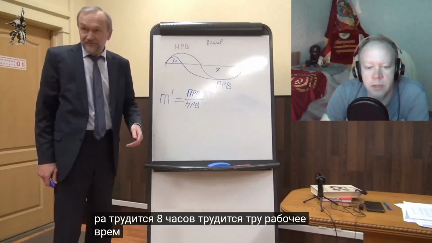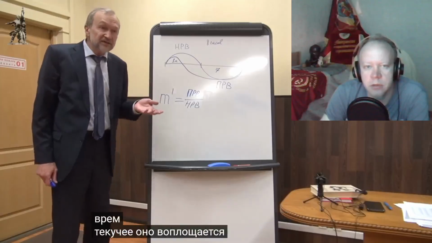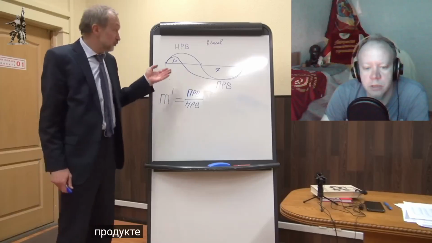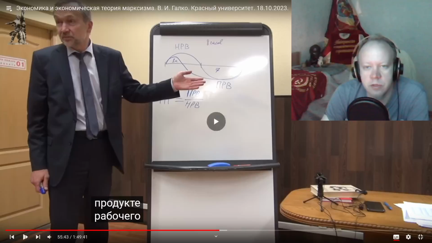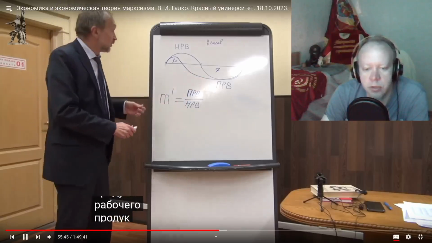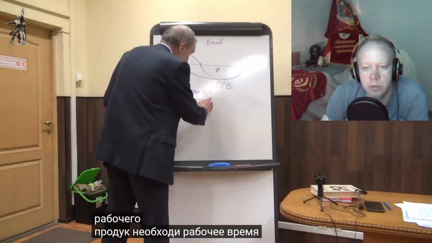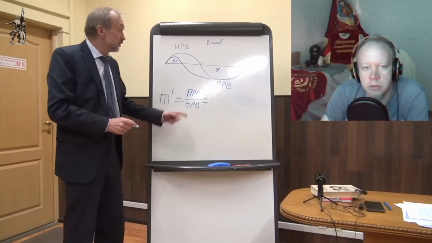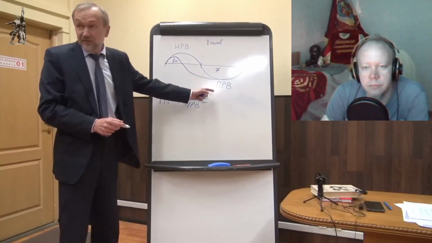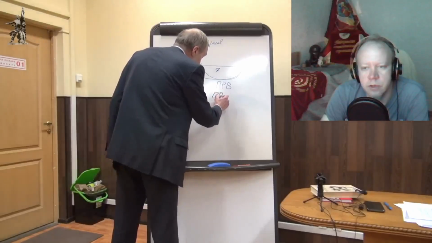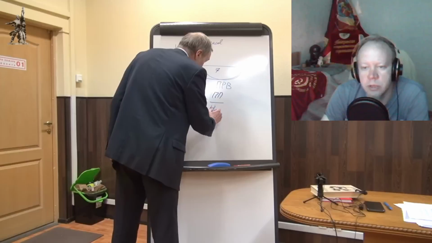So he works for 8 hours. Working time is embodied in the product. So the result of this working day is the product or the commodity. So the necessary working time equals, so this is the surplus product.